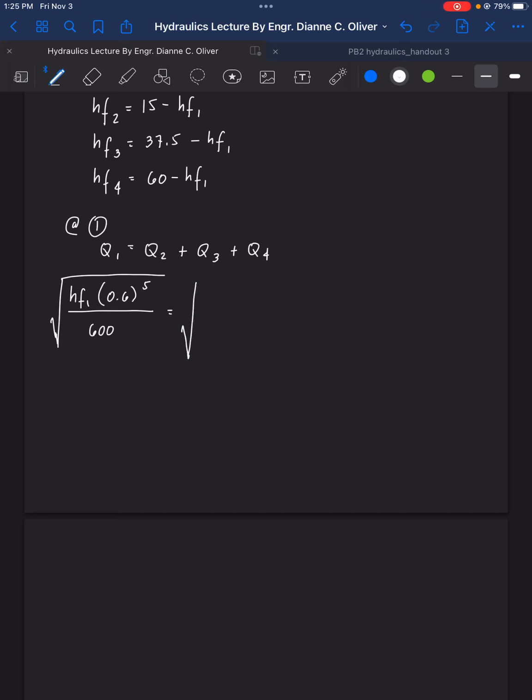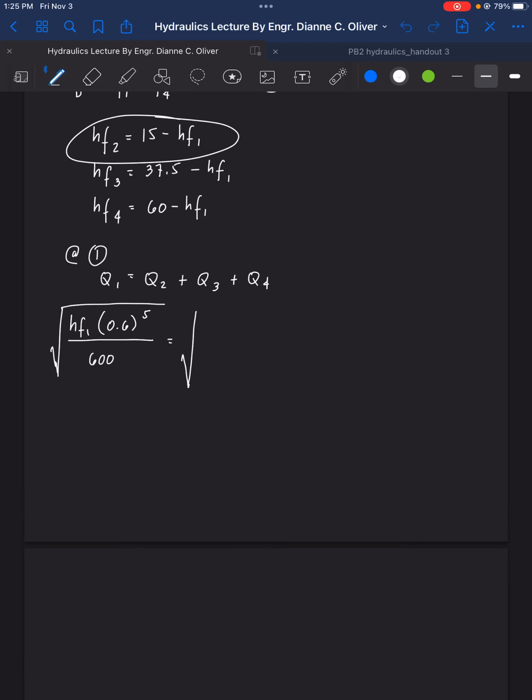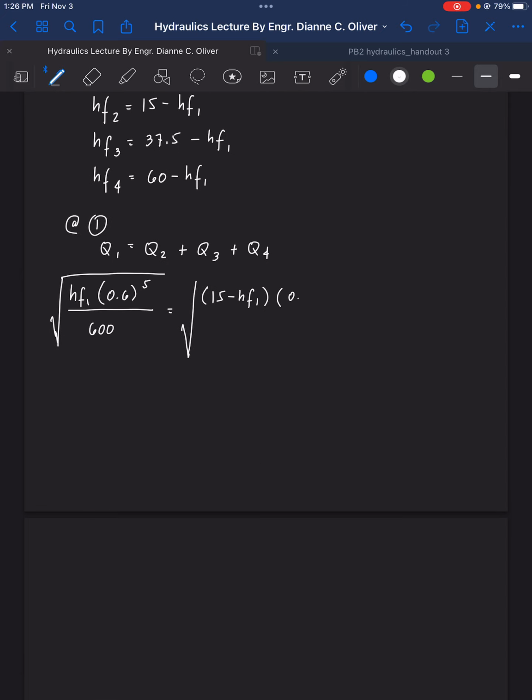For Q2 we have the square root of HF2. Now HF2 here is 15 minus HF1. So 15 minus HF1, diameter and length for pipe 2: diameter is 200, length is 300. Diameter 0.2 raised to 5 and then 300 length.